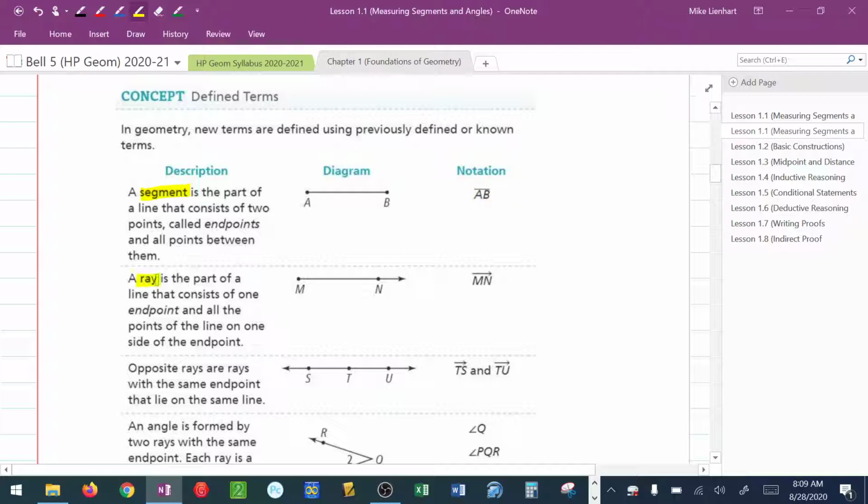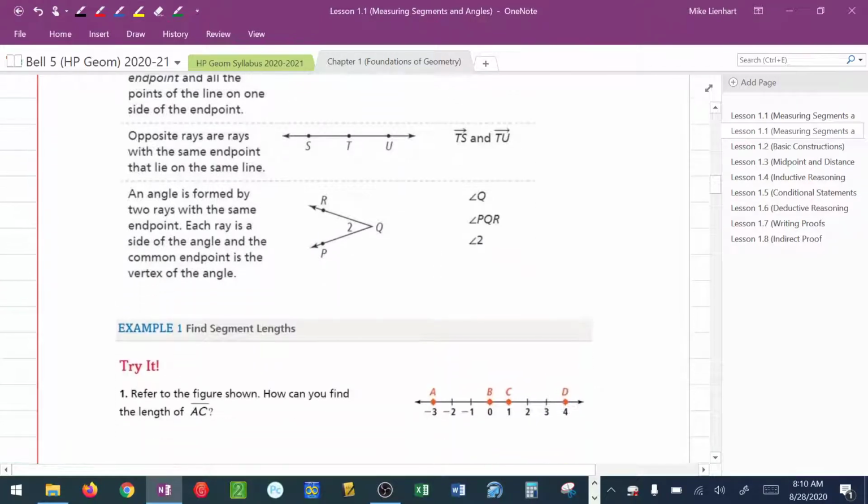A ray is part of a line, but it's from one particular endpoint, or I like to think of it as a starting point, continuing through another point forever. We name it by always saying the starting point first. Okay?